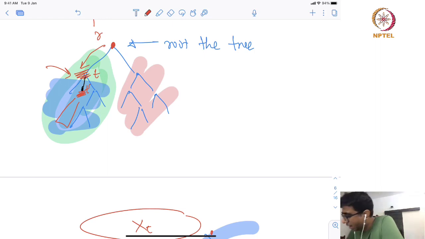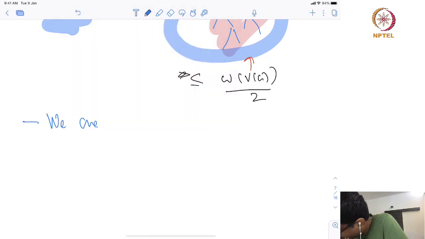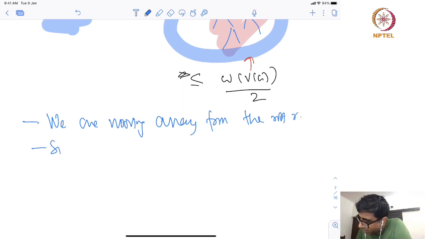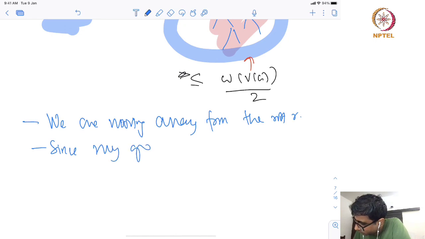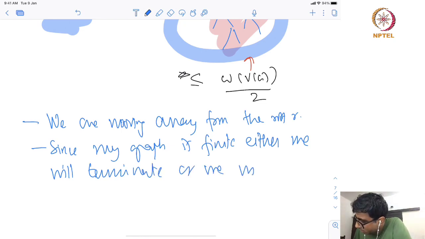But at each time, what is happening? We are moving away from the root r. So since my graph is finite, either we will terminate or we will reach a leaf.